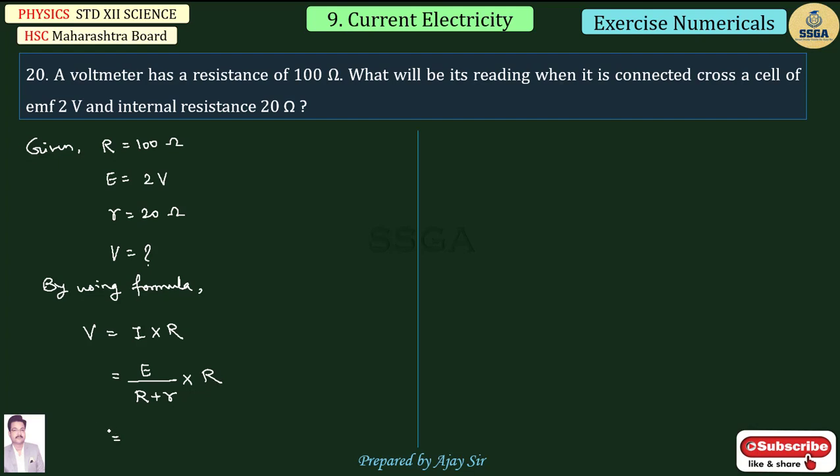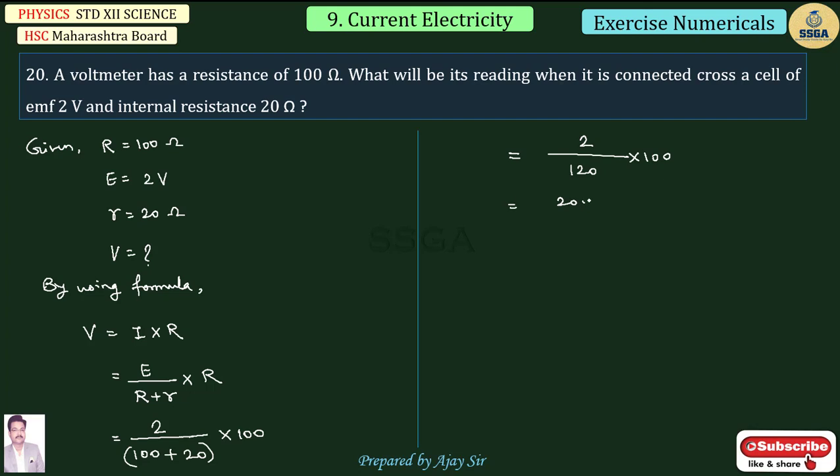So therefore, let us put the given values: E is equal to 2, capital R is equal to 100 plus small r which is equal to 20, into capital R, that is 100. So let us simplify this. 2 divided by 120 into 100.